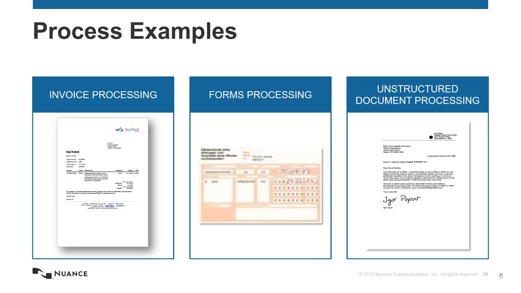We're going to look at a forms processing element where information that is handwritten on a form is extracted from a bank account closure form. And we're going to look at unstructured document processing where correspondence from various clients is captured. The client information is extracted and the documents are stored in the client information file.